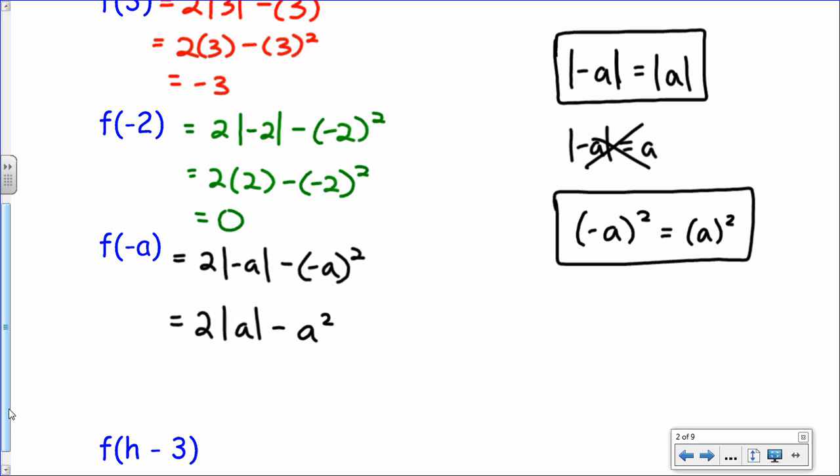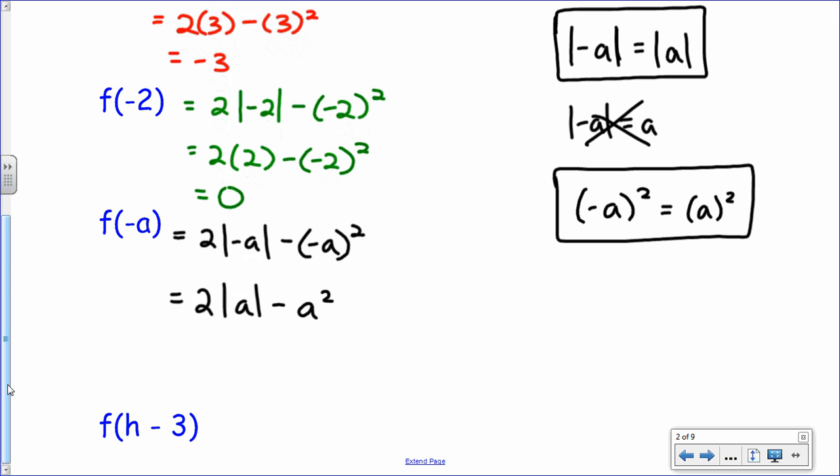Order of operations, you do the exponent first, which gives you positive a squared, and then your subtraction. Okay, so does everybody see how we ended up with this? Okay. Now I have an expression, so I'm going to take this f of h minus 3, and I'm plugging this whole thing in for x.